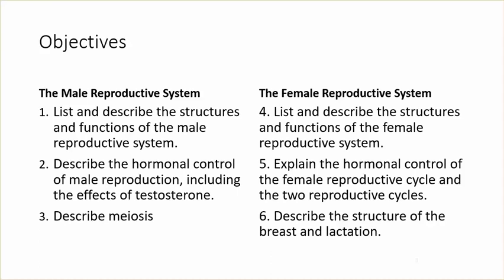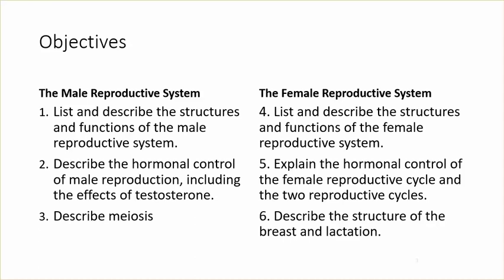So we're going to look first at the male reproductive system and describe the structures and functions of the male reproductive system, some hormonal control, really the effects of testosterone, and meiosis. Now, meiosis happens in both men and women, and we will go over that shortly.